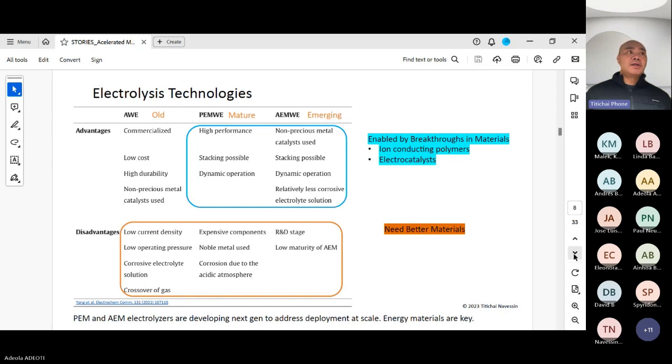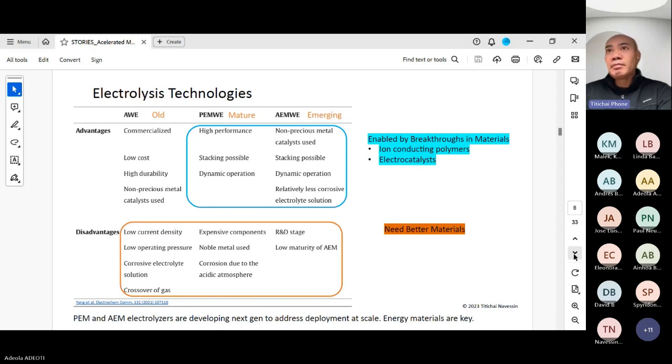An emerging technology, alkaline anion exchange membrane water electrolysis, is shown on the right. This is still fairly early, and it is made possible by ultra high stability alkaline stability membrane materials that have just become available in the market recently.